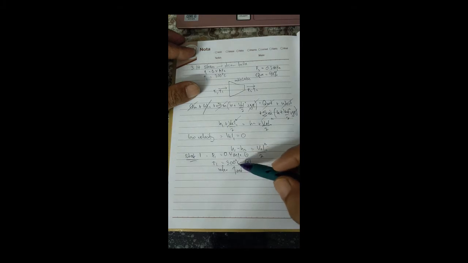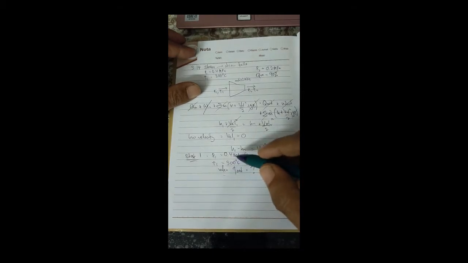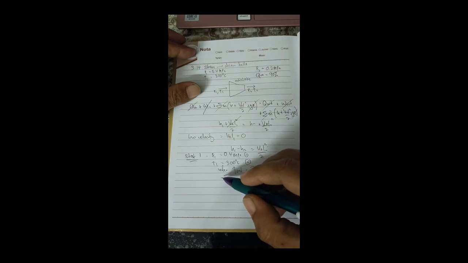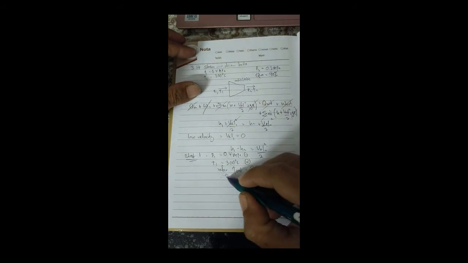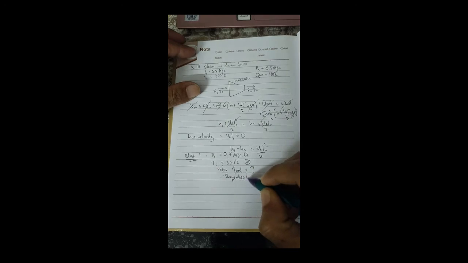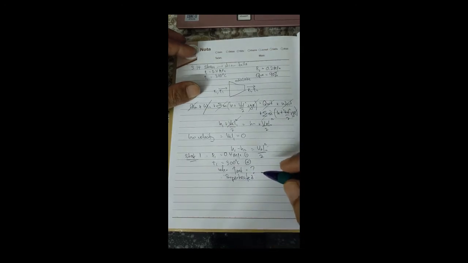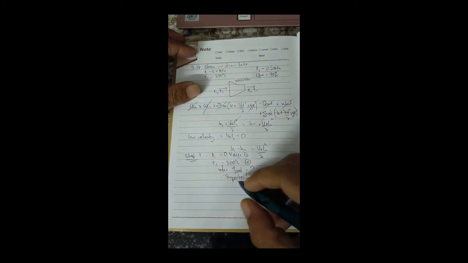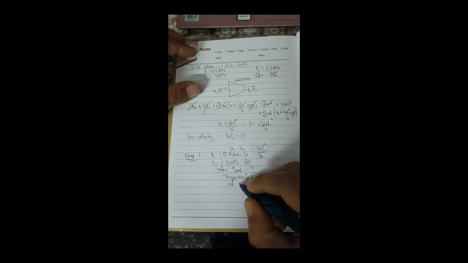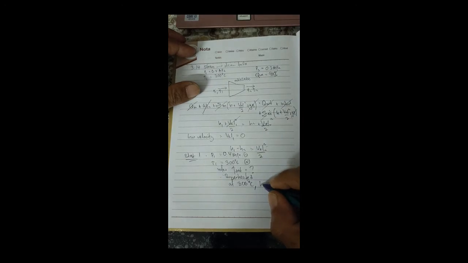From here, 300 degrees Celsius is exceeding the T sat, which means this point is in the superheated region. So from the superheated region at 300 degrees C, we found your H1 as a direct value.